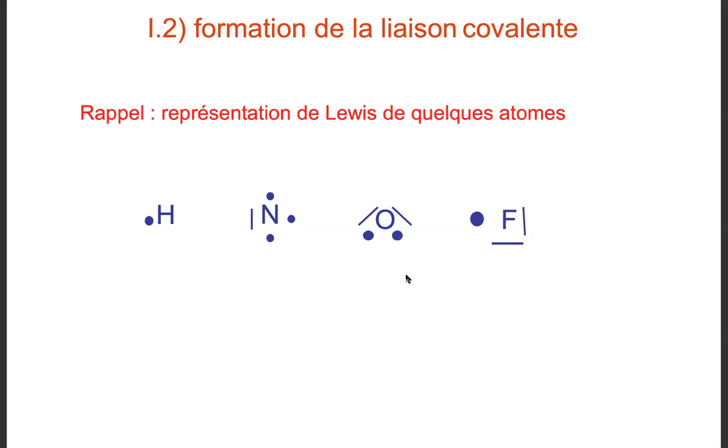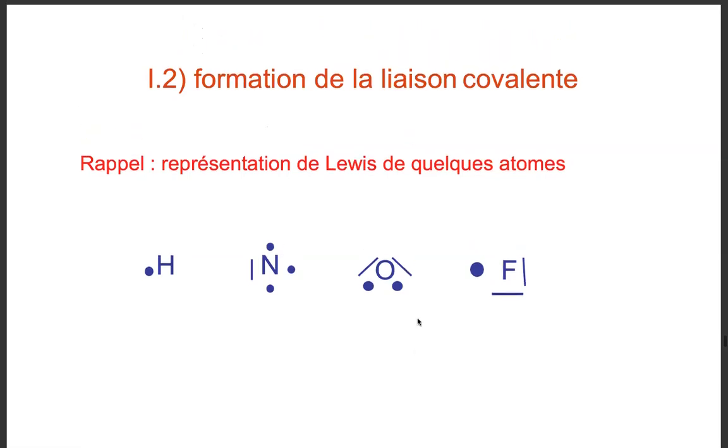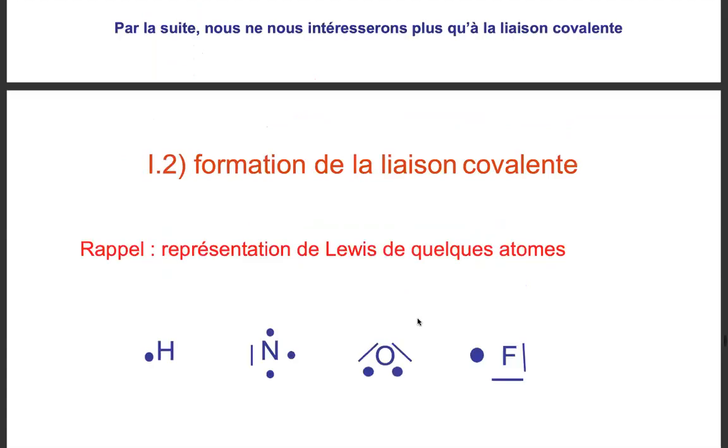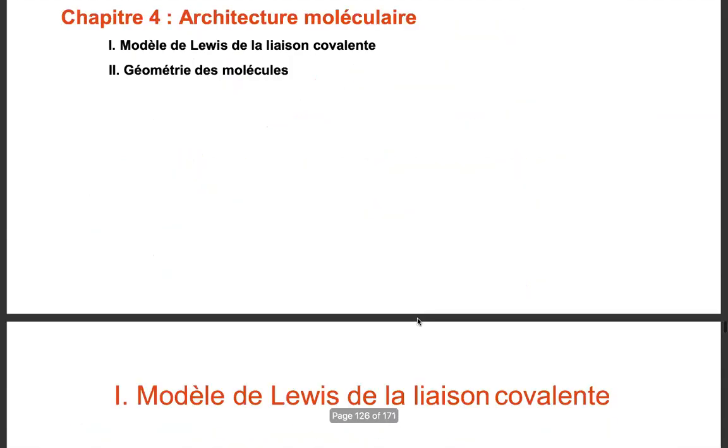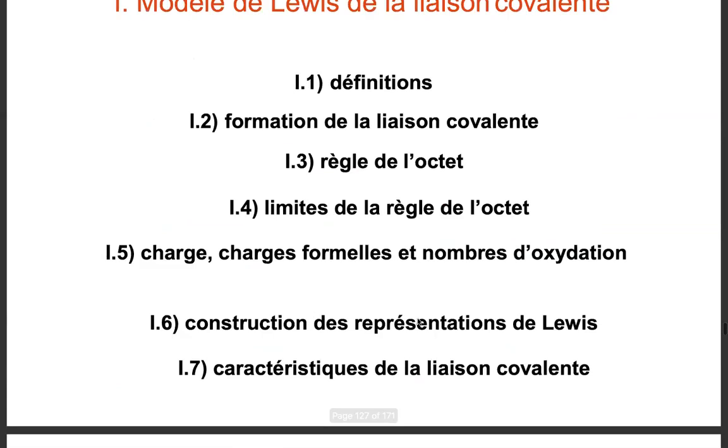I don't know if you know that: a metal conducts electricity because of the presence of electrons, the delocalized electrons. So in the covalent bonds we're going to look at, maybe just start explaining from these things. That's just to do with the formation of covalent bonds.